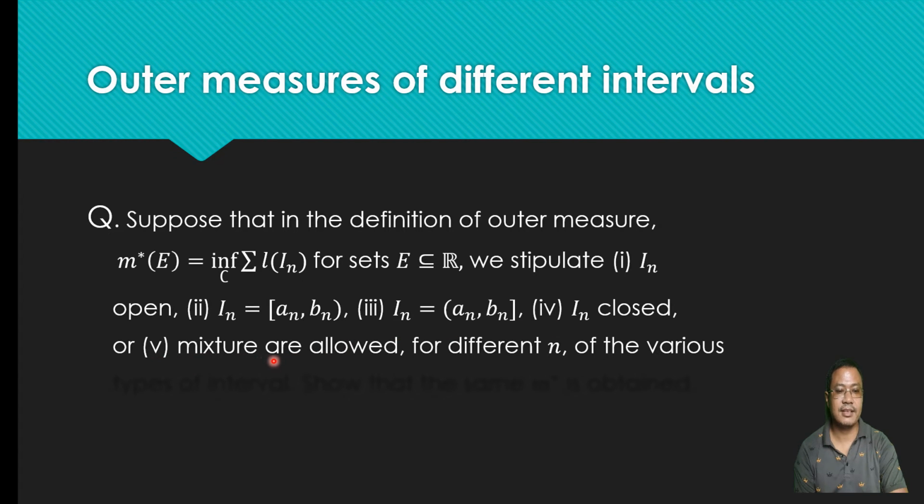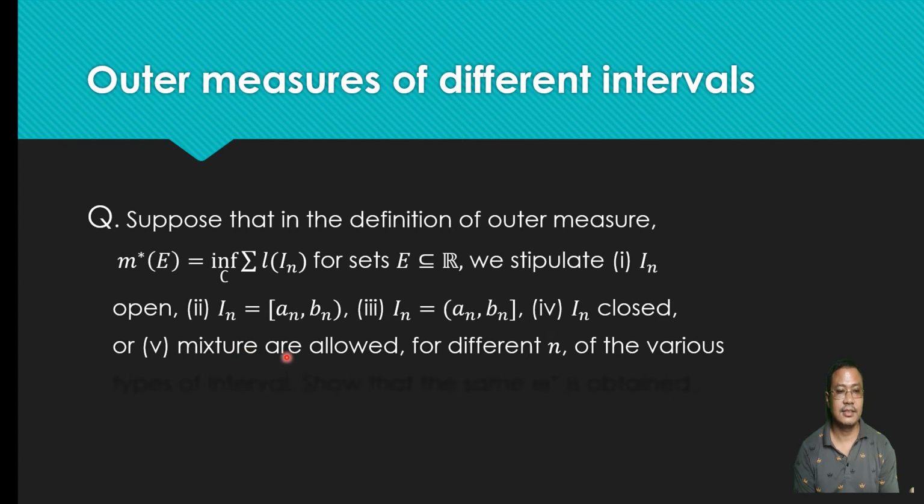Mixture means any sort of interval can be included: open also, closed also, half closed, half open, they are all admissible. If the definition is set in this scenario, you will get different outer measures.